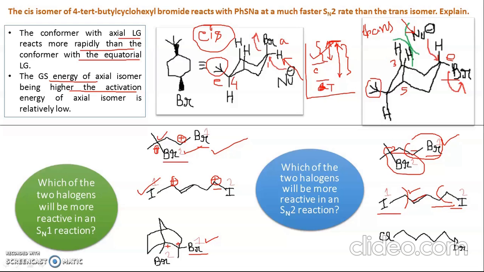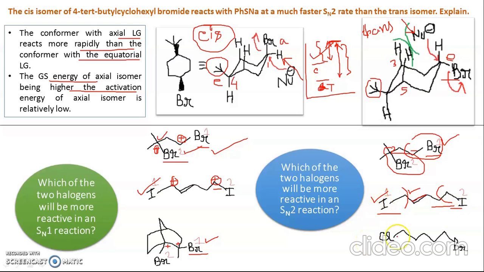So in the transition state, there will be a partial positive charge. It is not a full positive charge like SN1, but there is a partial positive charge. So this transition state will be relatively more stable, because it is stabilized by the adjacent double bond by pi overlap. So again I1 wins over I2.